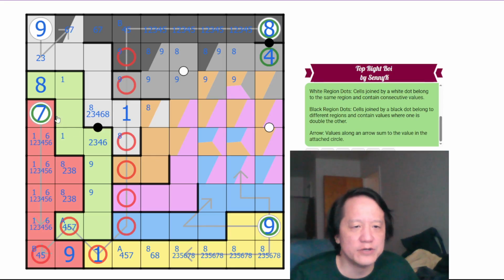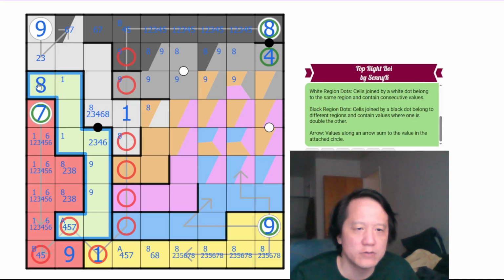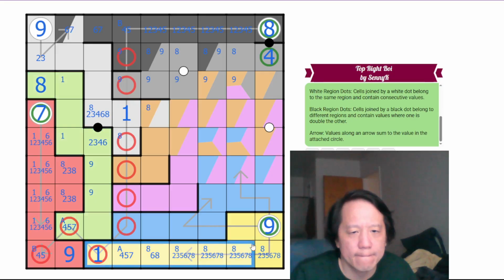So red is going to have cells, so it has to be there. Green has to go here. That works. This has to be a top right boy for the same reasoning.